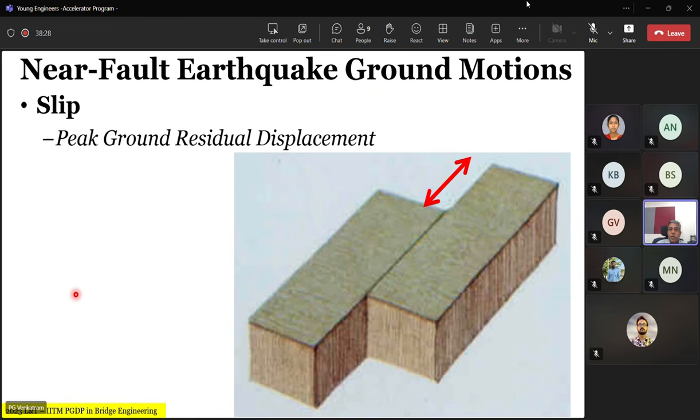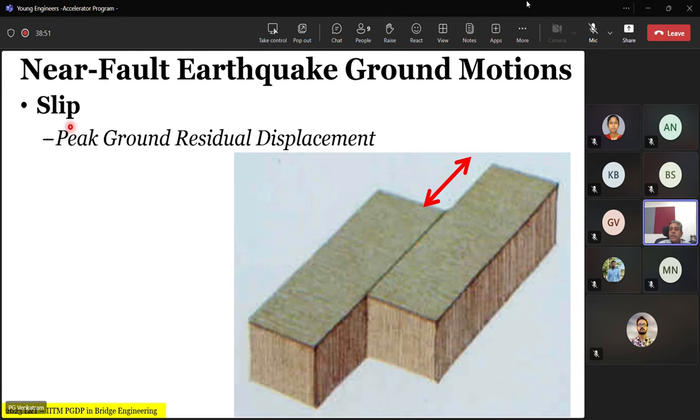Okay. So there are two types of earthquake motions that are important for us to know. There is a near fault earthquake and there's a far fault earthquake. These terminologies you have known. Near fault earthquakes are caused by the slip, and are near the so-called slip point. We use the word epicenter.